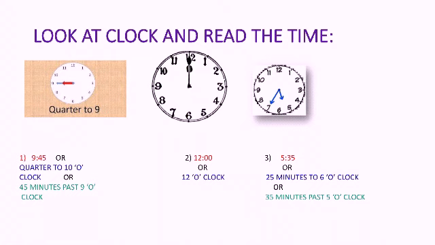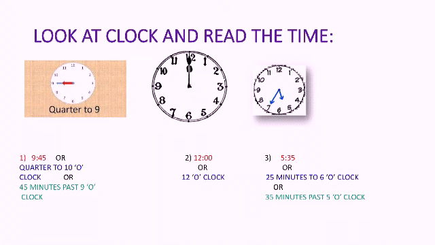How many numbers does a minute hand have to cross to go to 12? 5 numbers. To go to each number, the minute hand has to travel 5 minutes. So if it crosses all 5 numbers, how many minutes will the minute hand cross? 25 minutes. That is why it is said 25 minutes to 6 o'clock or 35 minutes past 5 o'clock.